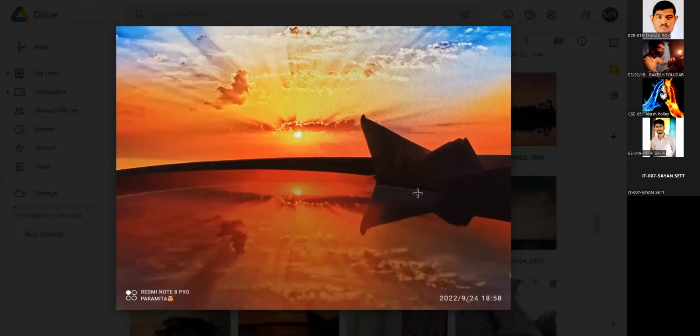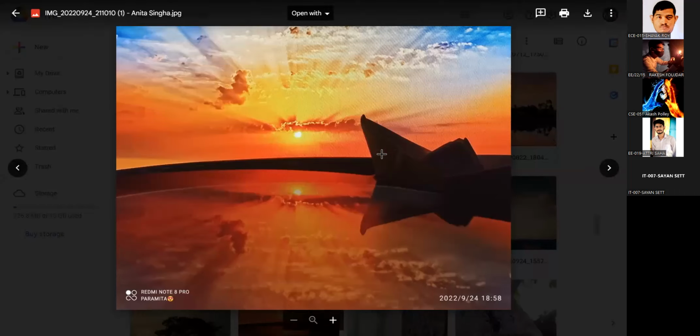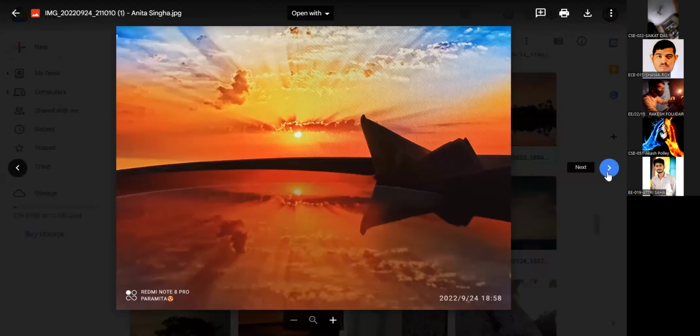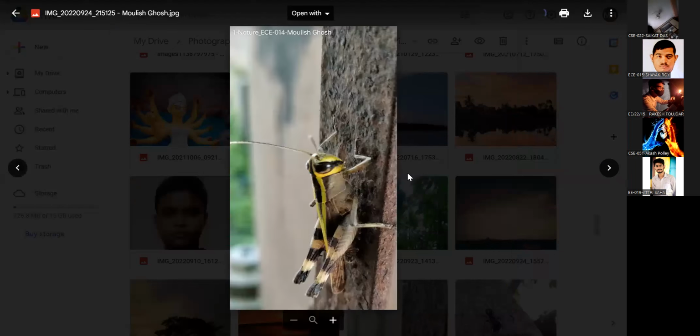I can guess this picture was definitely not taken by him. It was taken by someone else. But the way he has edited that picture is a little interesting. But don't claim that it is your picture. Okay, Anita Sinha, don't claim that it is your picture.